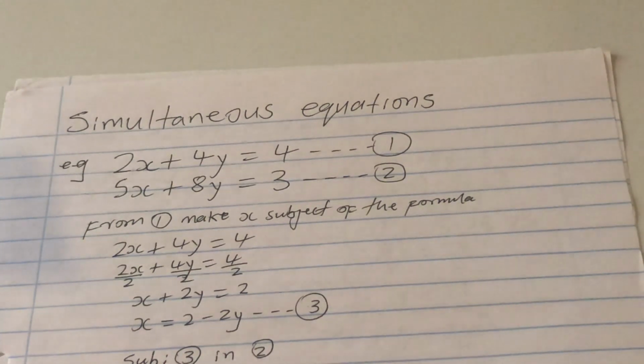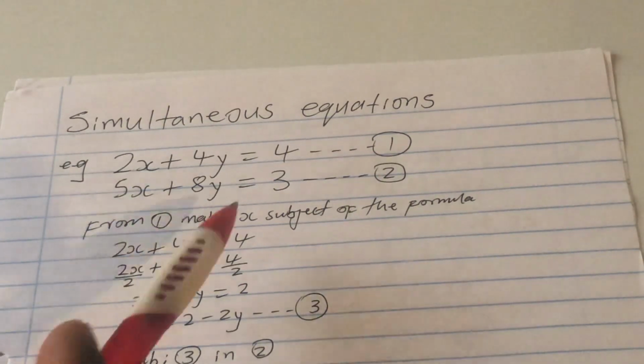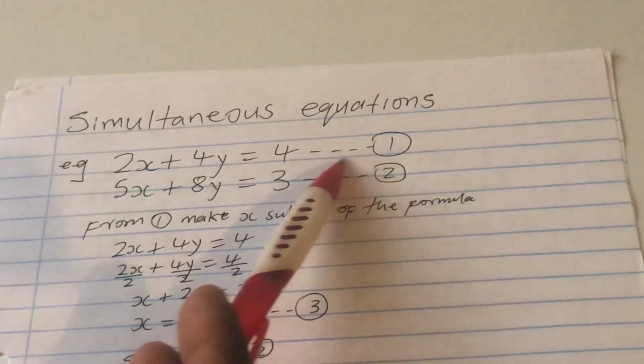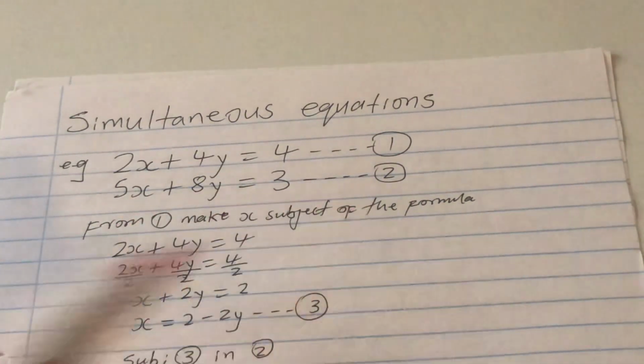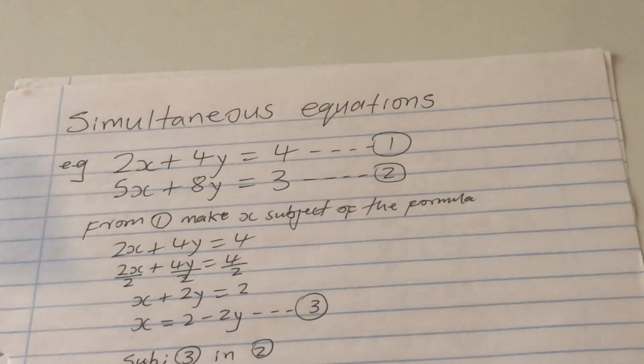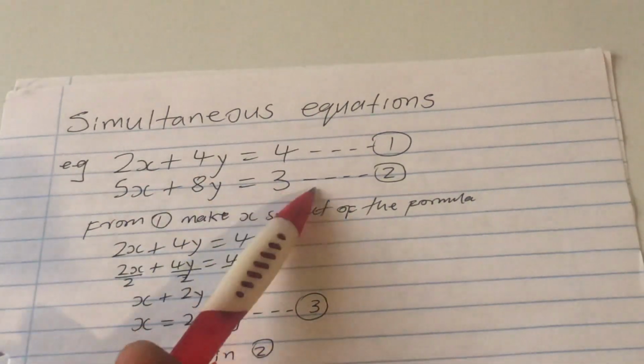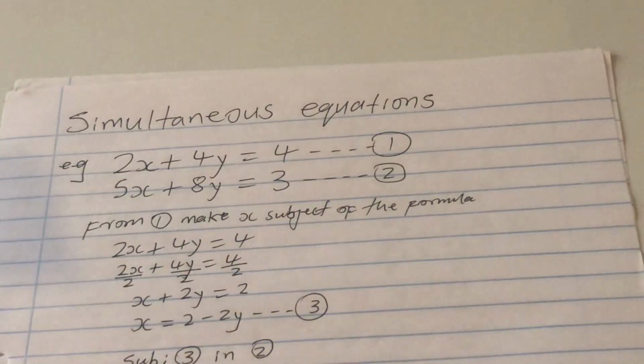As you can see on the screen, two equations are given. The first one, I've marked it equation 1, and the second one, equation 2.